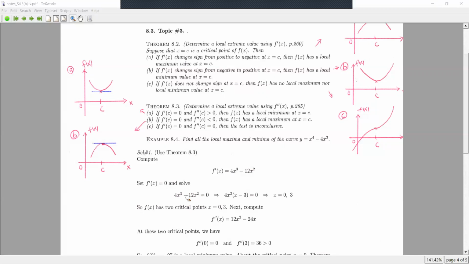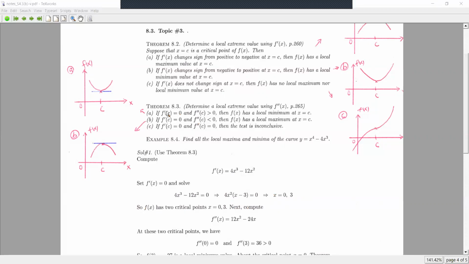The left side is the derivative. To solve this equation, factorize, and then we see that 0 and 3 are the solutions. So the function has two critical points, 0 and 3.